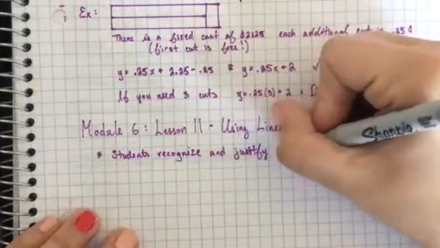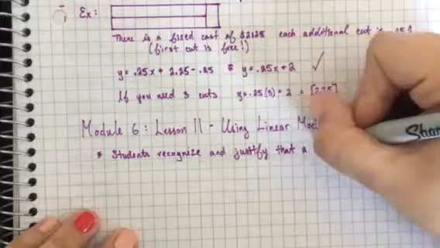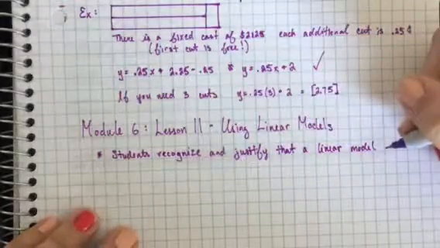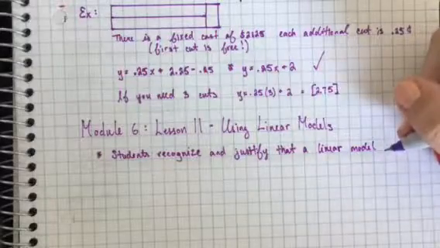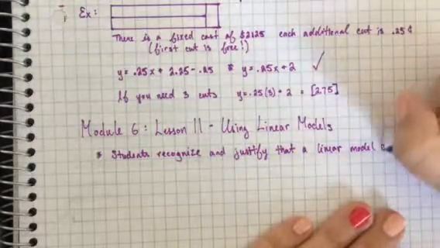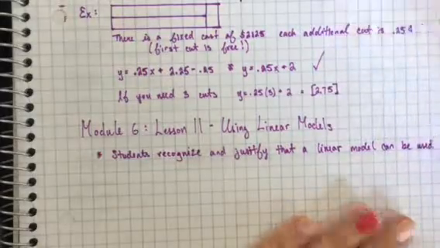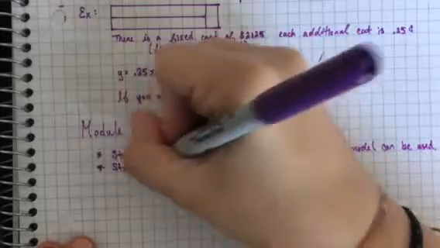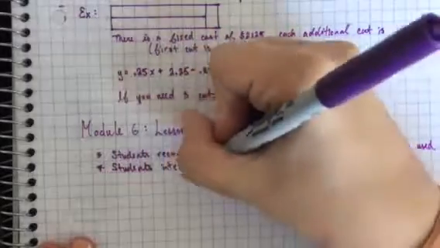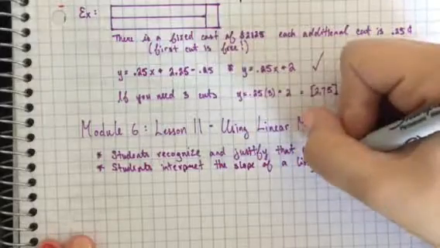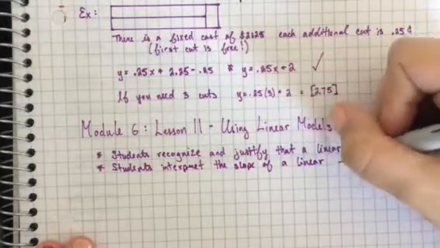So if I have data that is clustered very heavily, I'm probably not going to use a linear model. And my second objective says students interpret the slope of a linear model to answer questions.